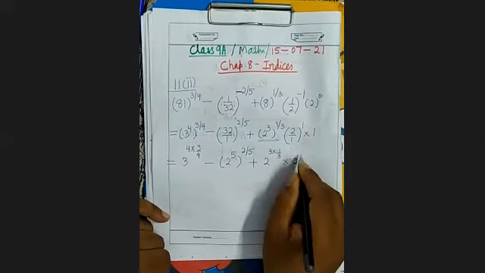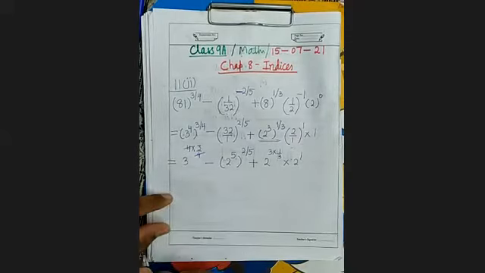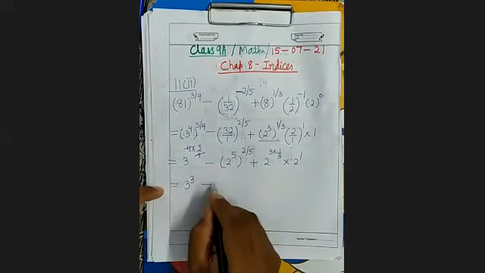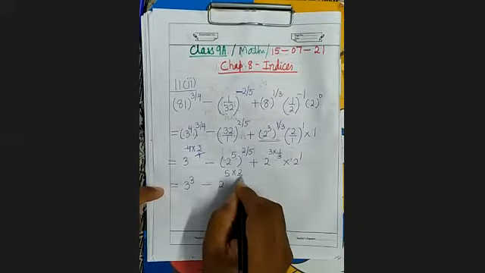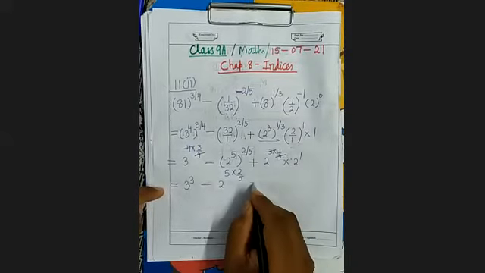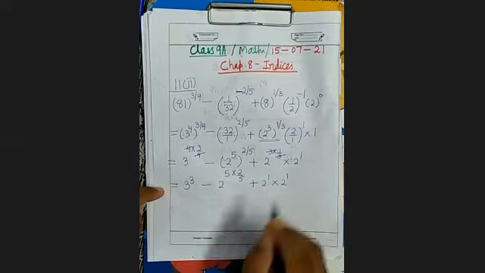This is 2 to the power 1. So this and this cancel. So it is 3 to the power 3 minus 2^(5 into 2/5) by the power rule. This and this cancel, 2 to the power 1 into 2 to the power 1.